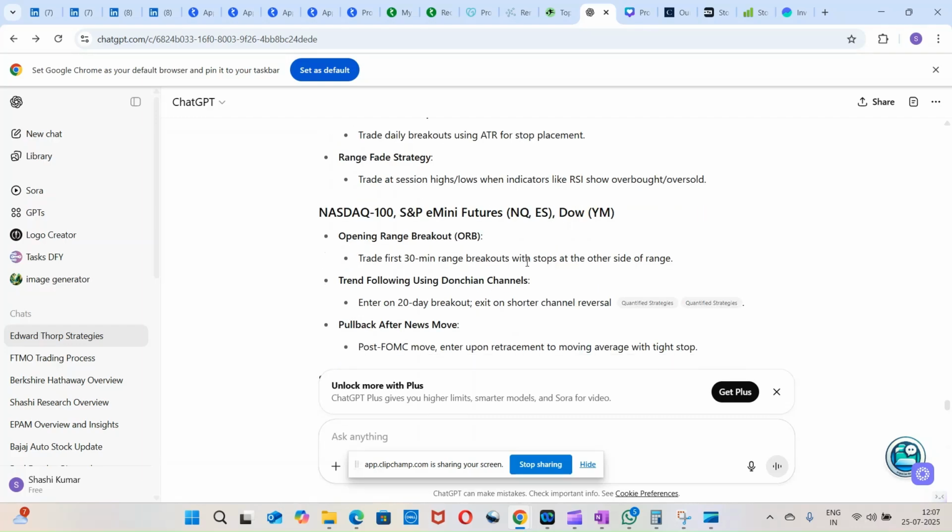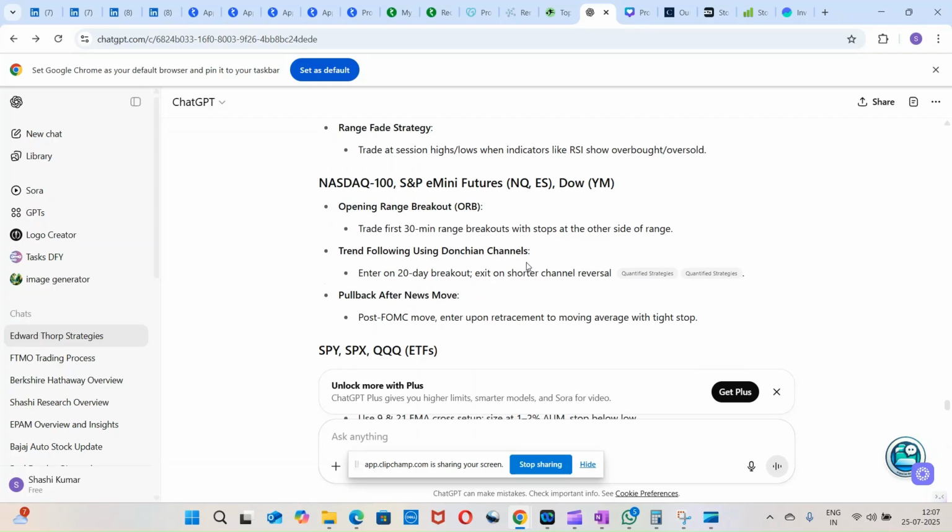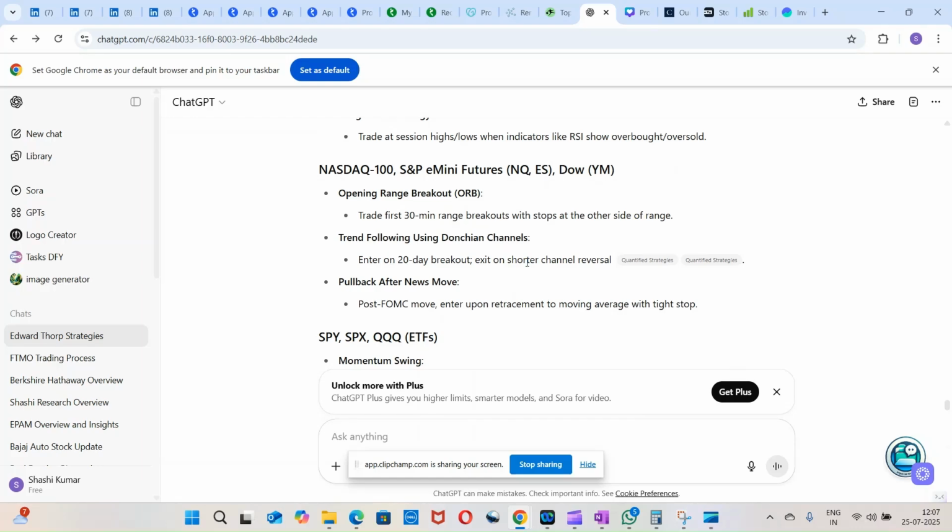Coming to Nasdaq 100, S&P E-mini futures and Dow Jones, again here also opening range breakout strategies. First 30-minute range breakouts, with stops at either side of the range. Trend following strategies you could also trade in these using Donchian channels. The Donchian channel uses a 20-day range, so enter on a 20-day breakout.